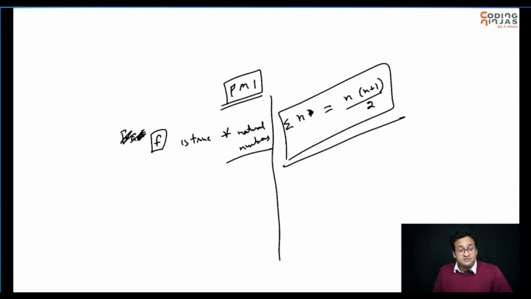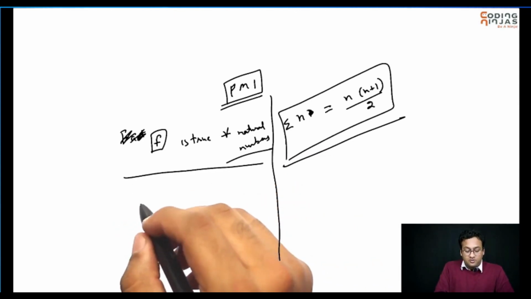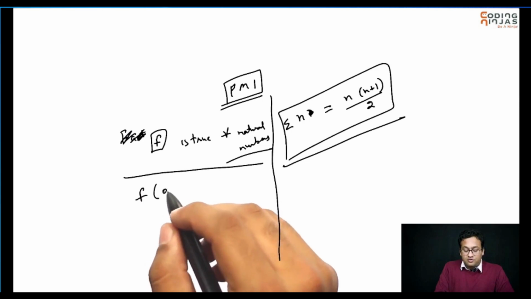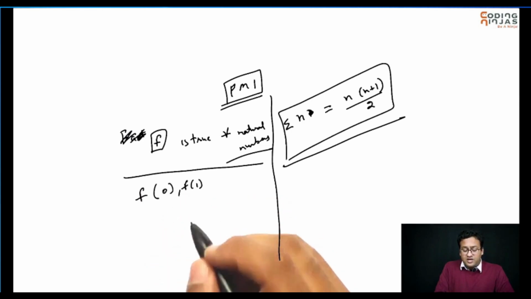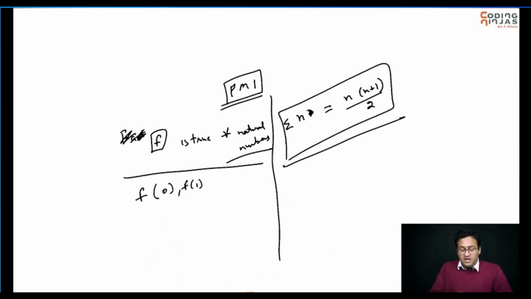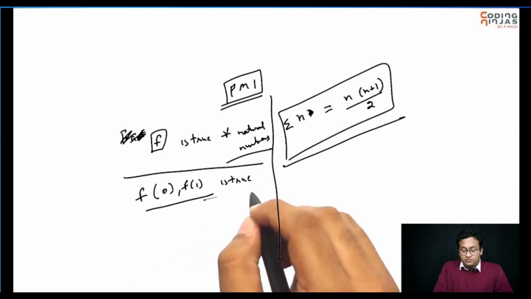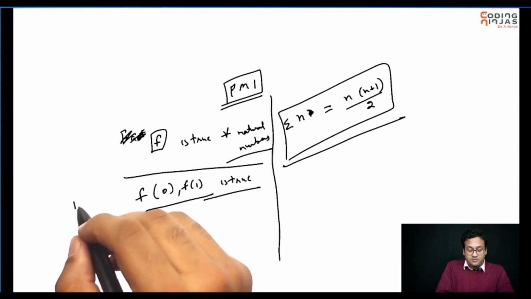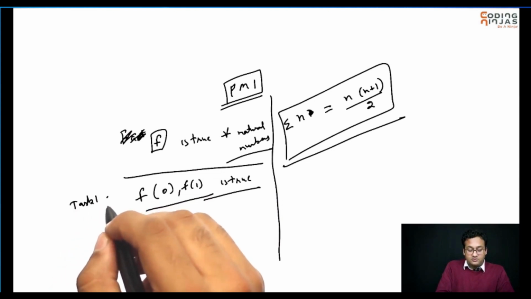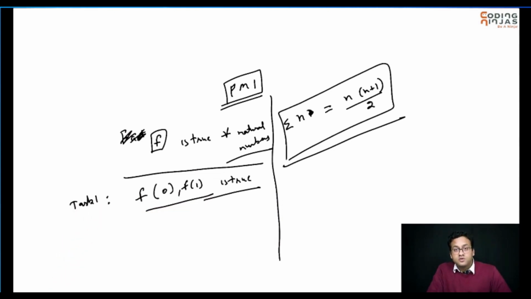So PMI says, first of all, prove that it is true for f of 0 or f of 1, take a very small number and prove that this is true. That's your first work, task 1. You are supposed to prove that f of 0 and f of 1, or maybe both, is true, right?